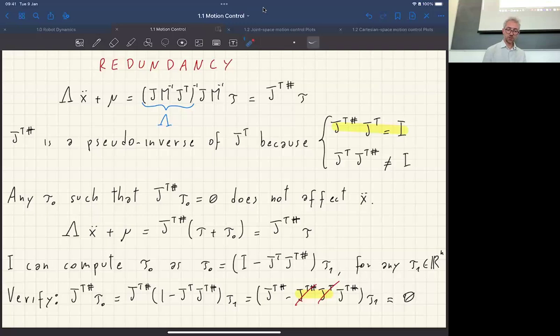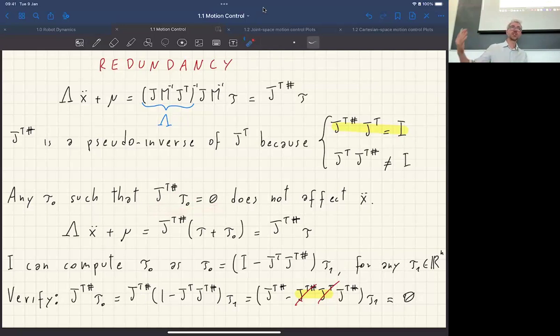Okay. So there are in general torques that I can add to my control inputs that don't change anything in the behavior, in the acceleration of the end effector. However, they're going to change the behavior of the joint accelerations, because any torque affects the joint accelerations. We have no null space there. So if I want to exploit this property, what I can do is compute tau 0 in such a way that this holds.